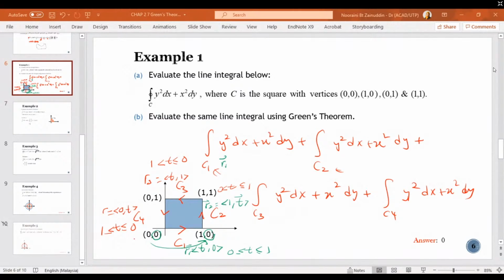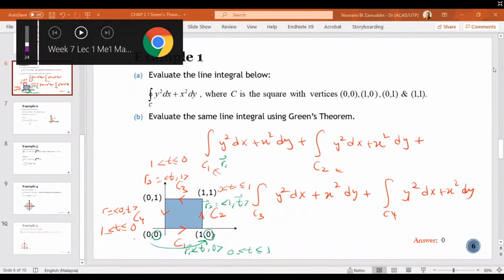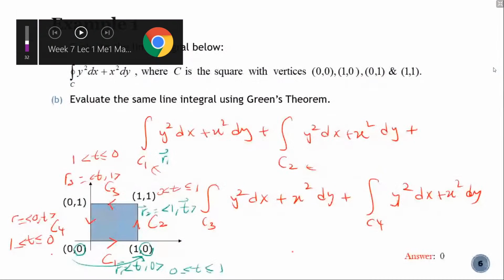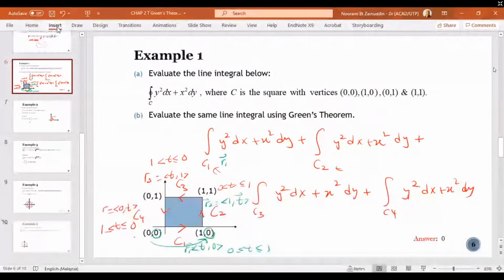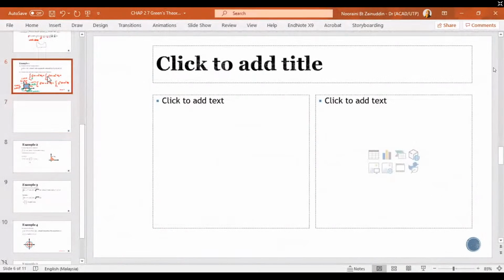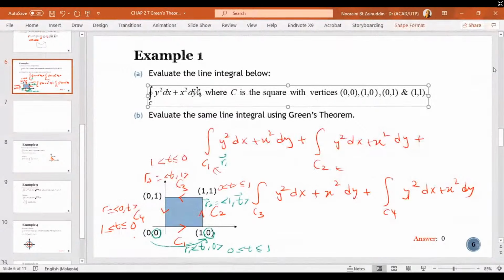But now, since we can apply Green's theorem because our region here is a closed region, you can directly apply Green's theorem. What is Green's theorem for this?